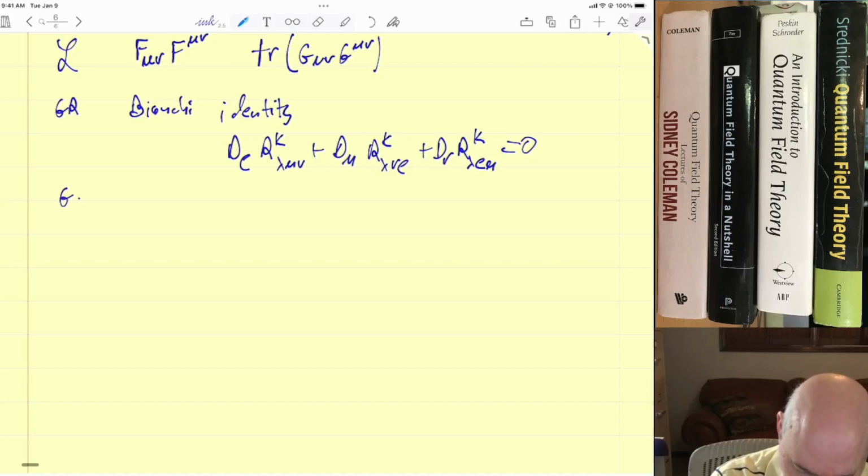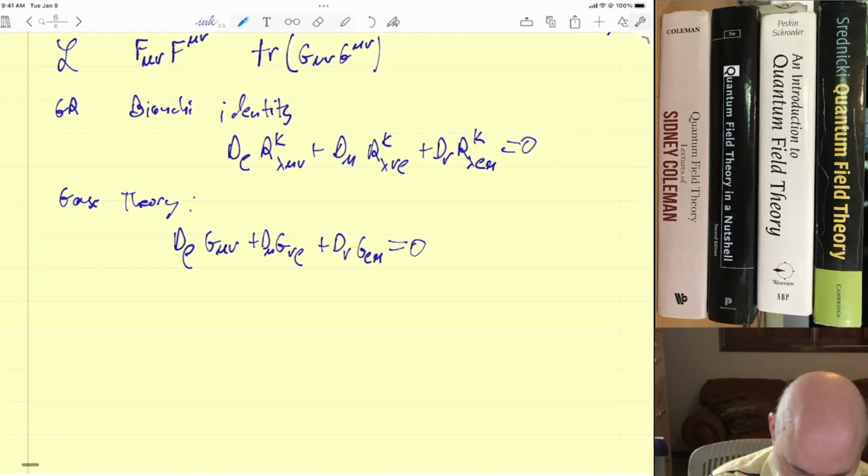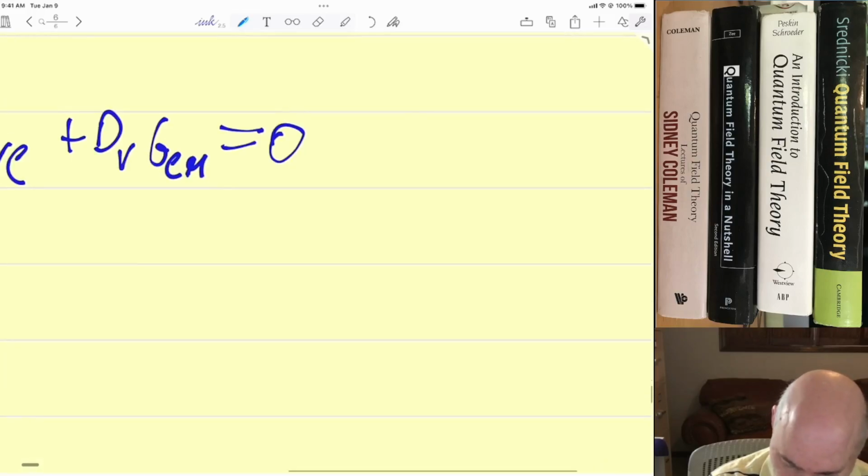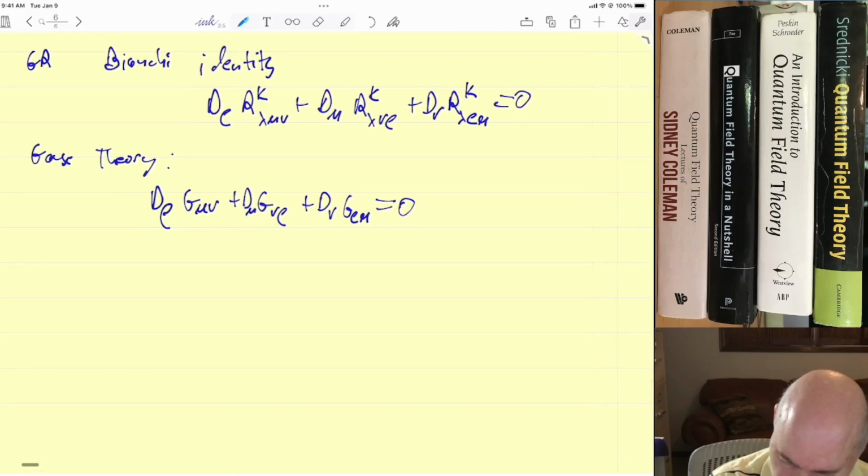We call it the same thing. And it's very similar. We have D rho G mu nu plus D mu, and so on. And we can also write this if we substitute our definitions for G mu nu, it comes out like this.